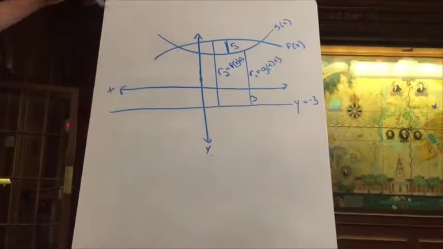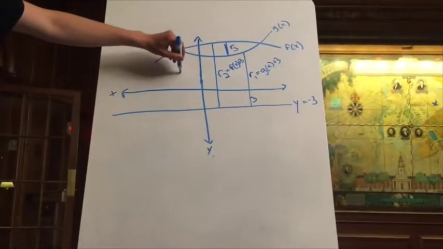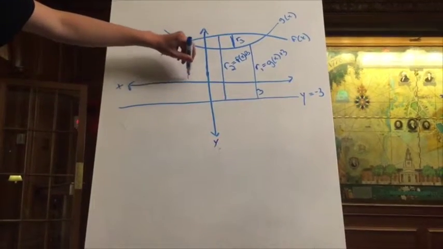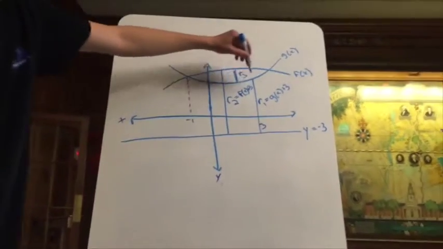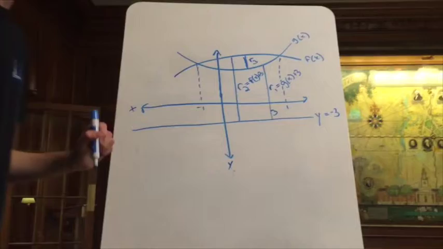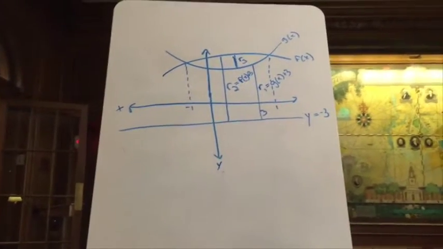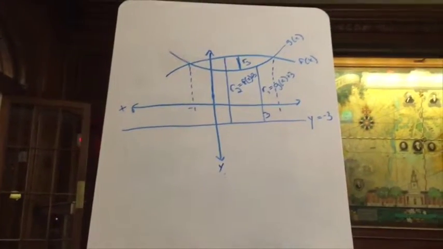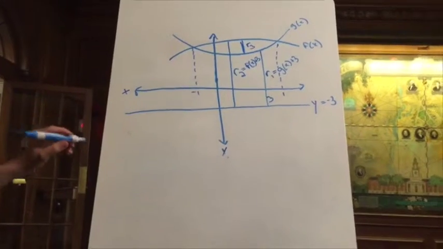Now, if we define this curve as being between the points, we'll call this -1, and this, just for the purpose of this example, 1. We can then find the volume of revolution by setting up an integral, same as we did before.